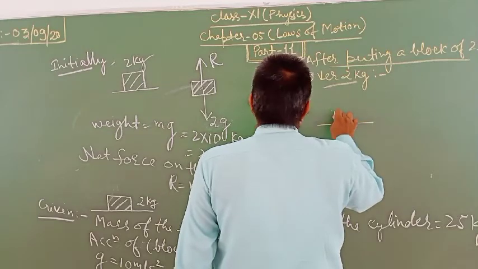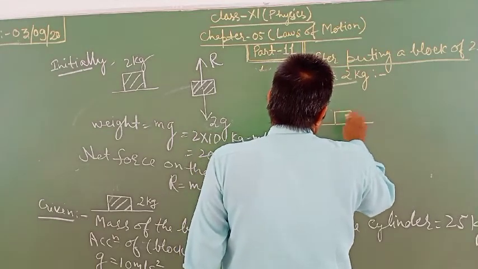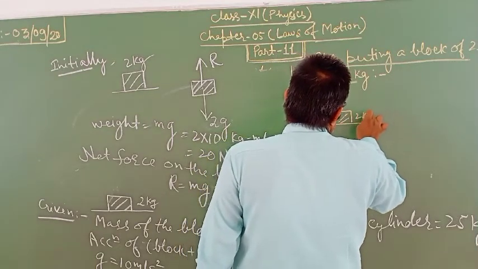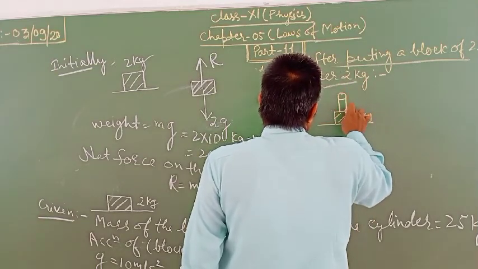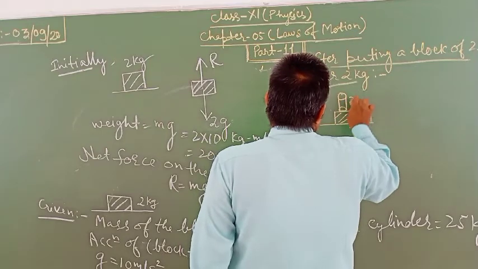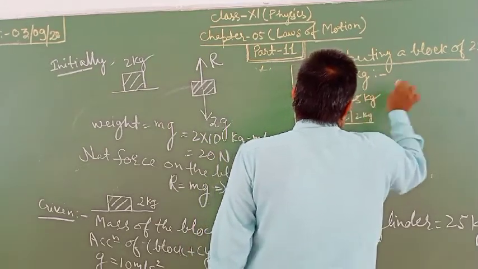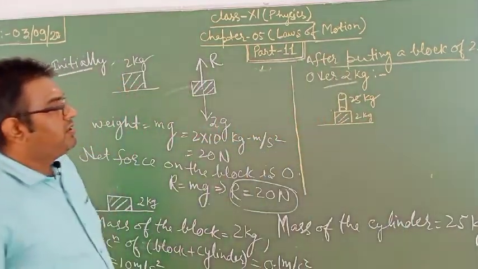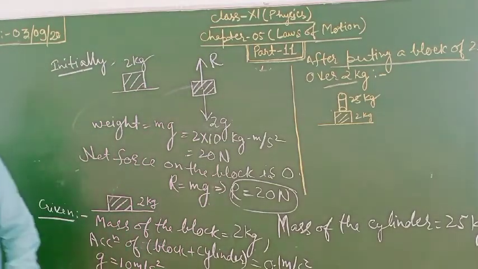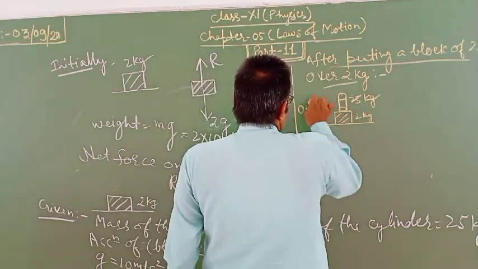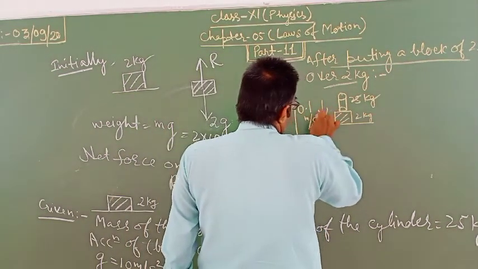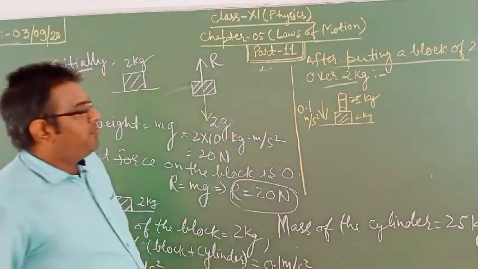Here there is the 2 kg block, and over this an iron cylinder of 25 kg is kept over the block of mass 2 kg, and then the system yields steadily with 0.1 meter per second square acceleration.